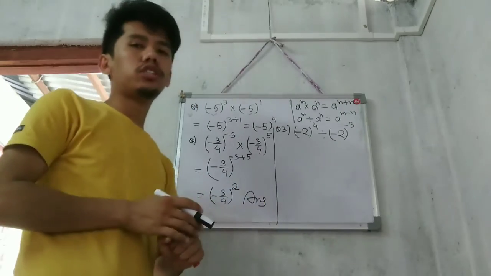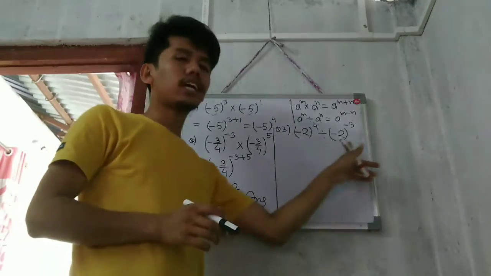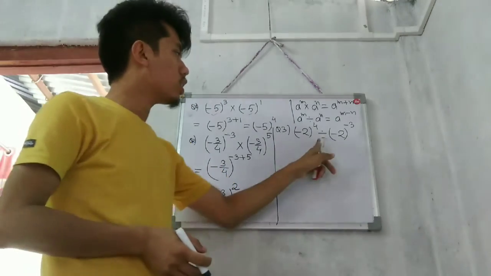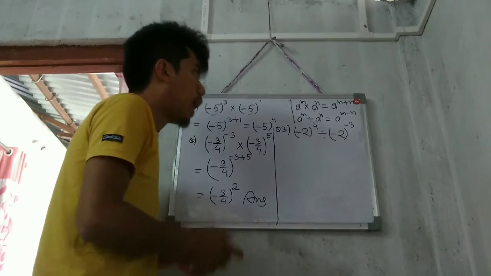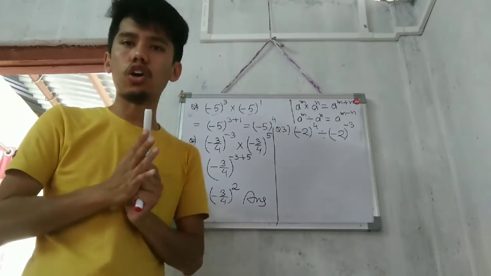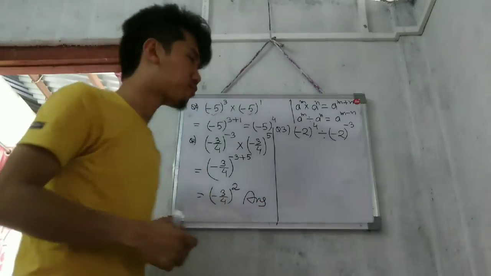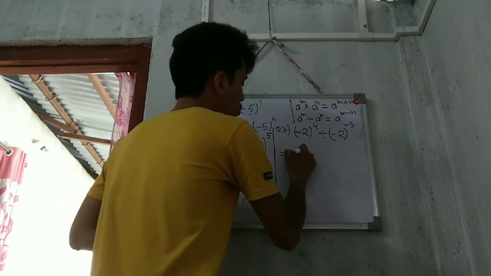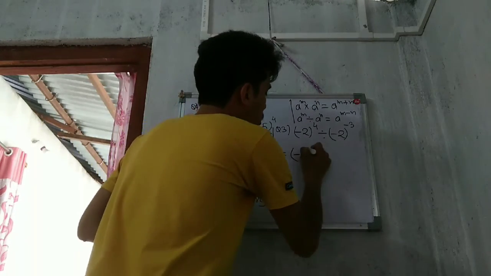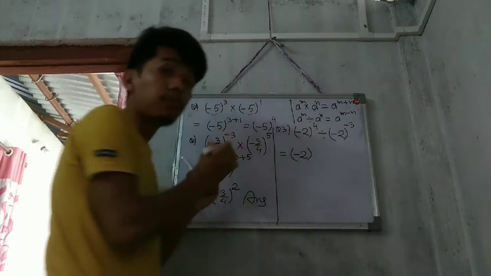Again, if we see the question carefully, the bases are the same and we have to divide, that means we have to subtract their powers, because the bases are the same and they are in a division sign. So write the base the same again, and now subtract the powers.